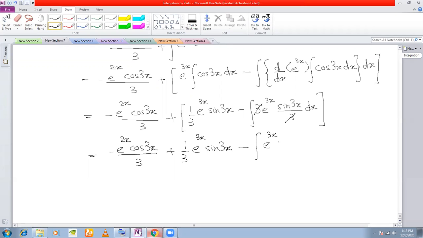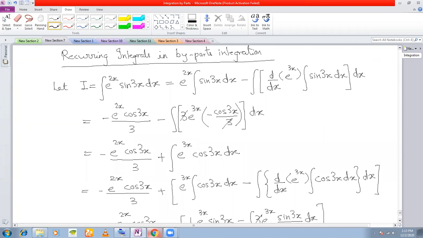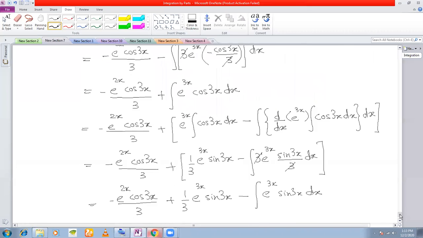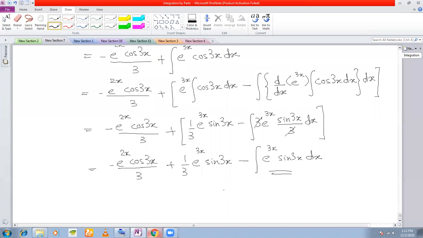You again get e to the power of 3x sine 3x. What is this e to the power of 3x sine 3x? We started with this, isn't it? We started with e to the power of 2x sine 3x. And after applying integration by parts, we are again getting e to the power of 3x sine 3x.